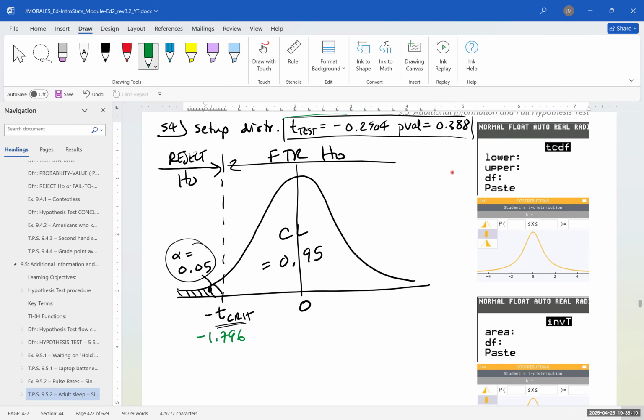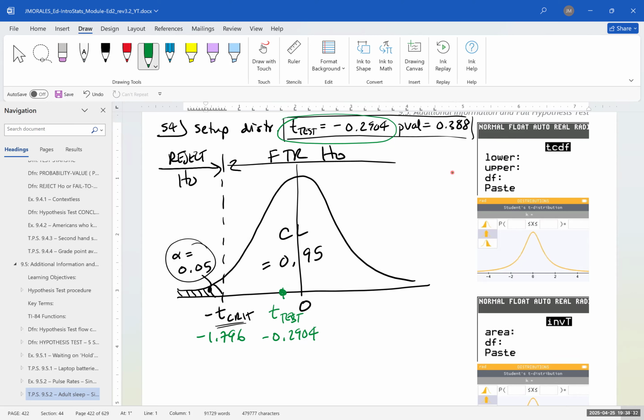All right, so where is our test statistic relative to that? So our test statistic is negative 0.29. So negative 0.29 is going to be somewhere between 0 and negative 1.796. So this is going to be our t-test statistic, and that's negative 0.2904.